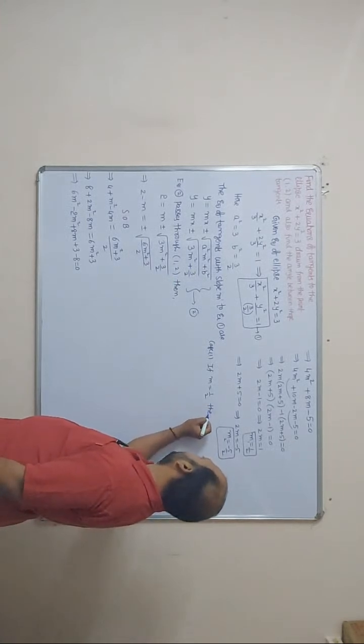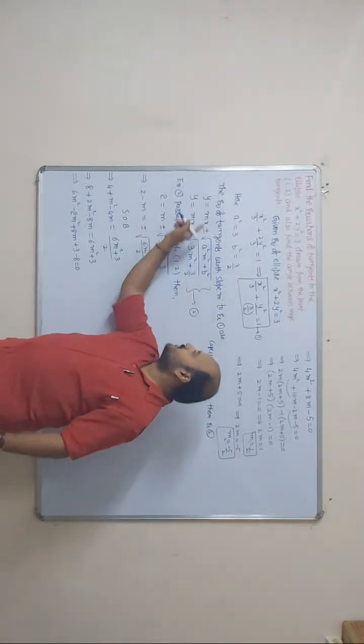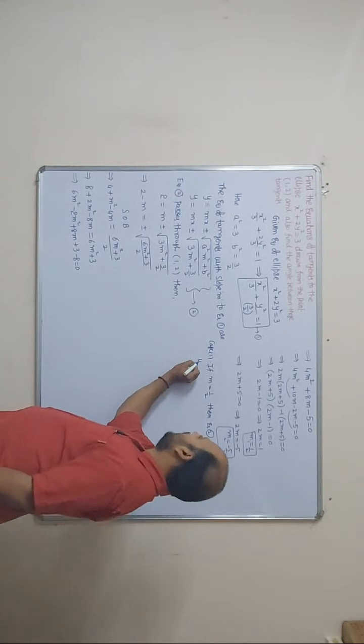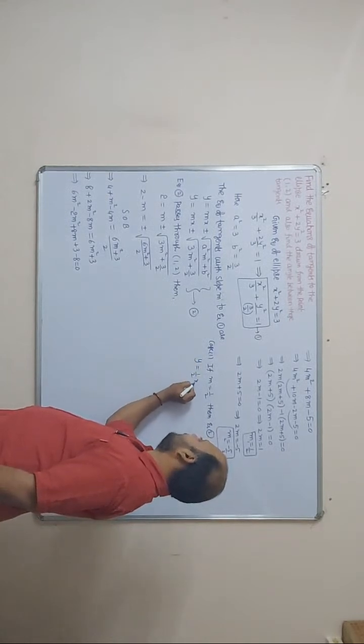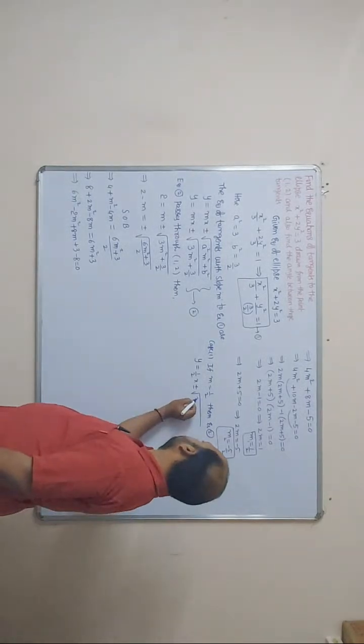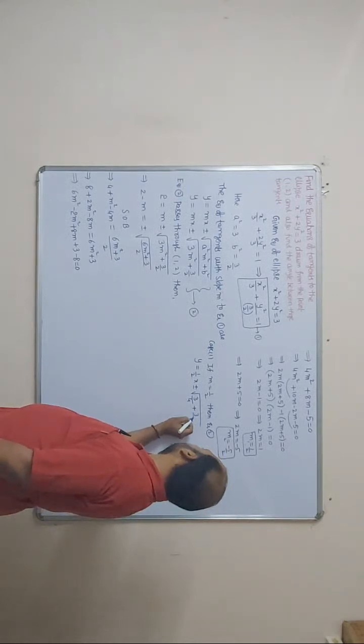Then equation 2 implies that, in place of m, substitute the value 1 by 2. So you will get y equal to 1 by 2 x plus or minus root over 3m squared. So 3m squared means 1 by 2 whole squared, 3 by 4 plus 3 by 2.